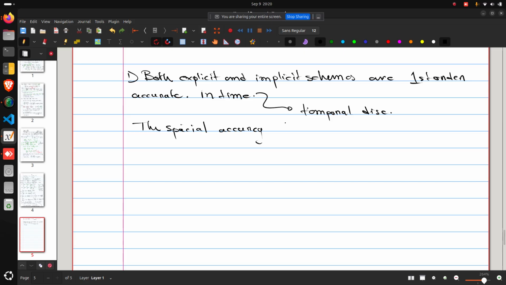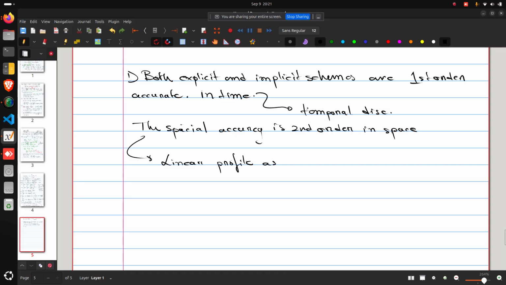And the spatial accuracy is second order in space. This comes from the linear profile assumption. So these are two different concepts. Try not to club them together. These are the two different errors that we incur because of spatial discretization as well as temporal discretization.